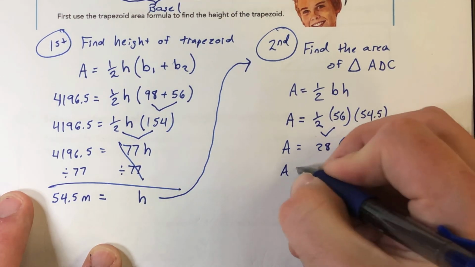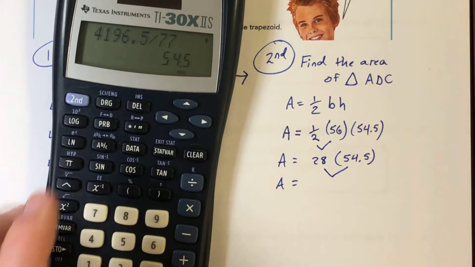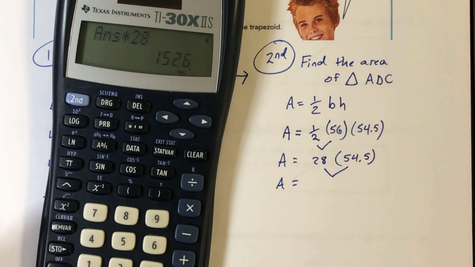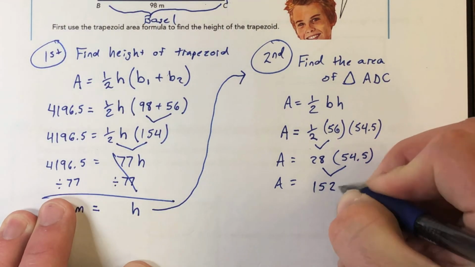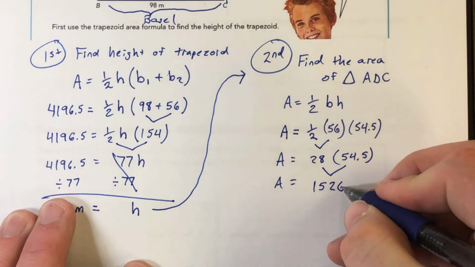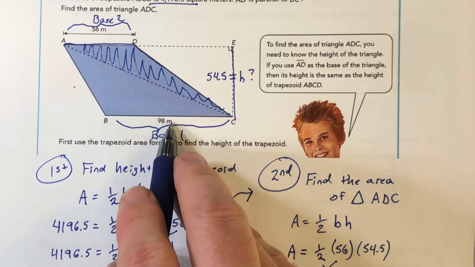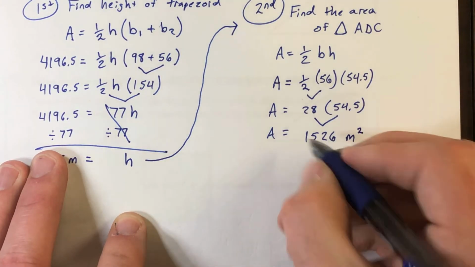So last step, area equals, what's 28 times 54.5? 1,526. 1,526 what? This is area. So area is going to be, in this example, meters squared.